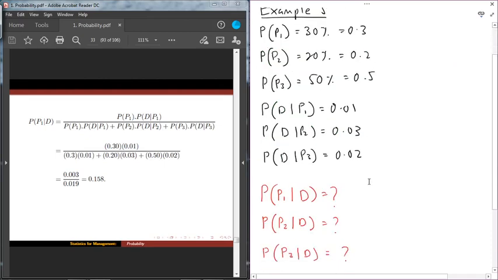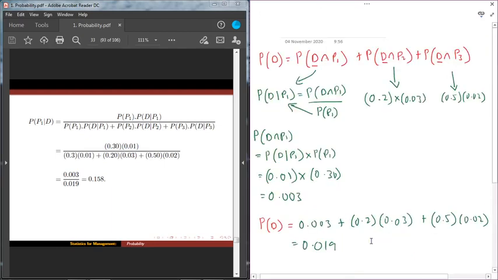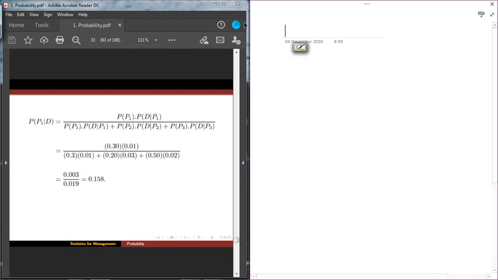We need to find this one, D and P1. D and P1 actually we already computed.